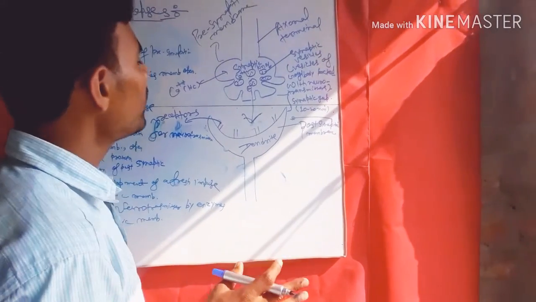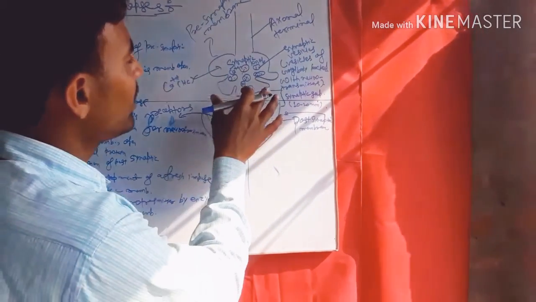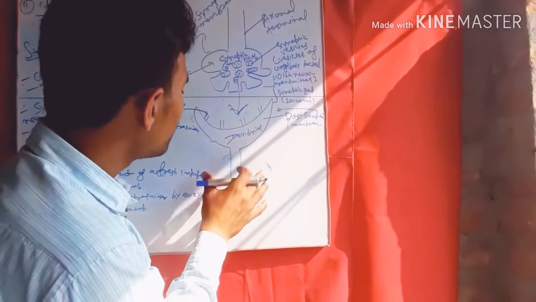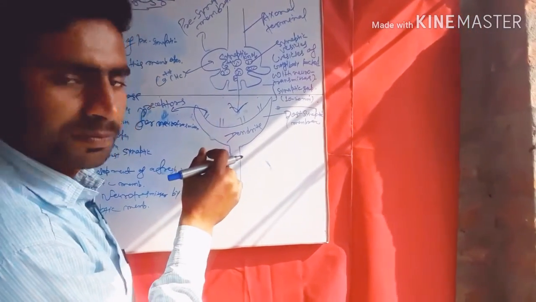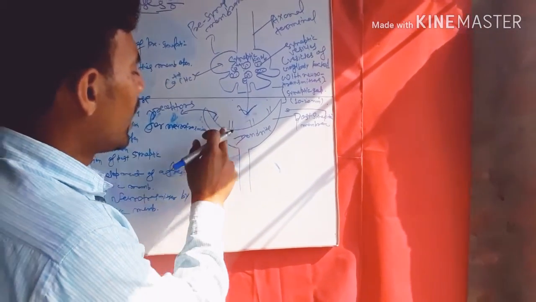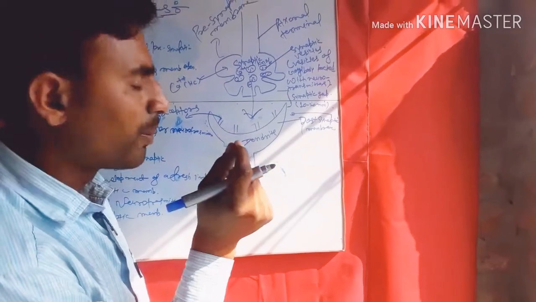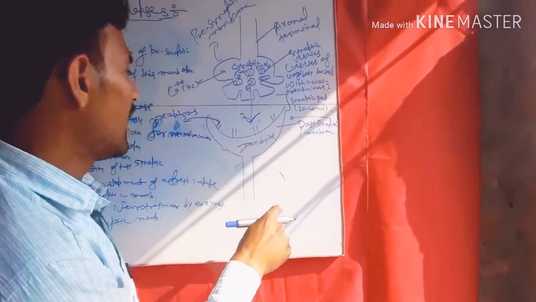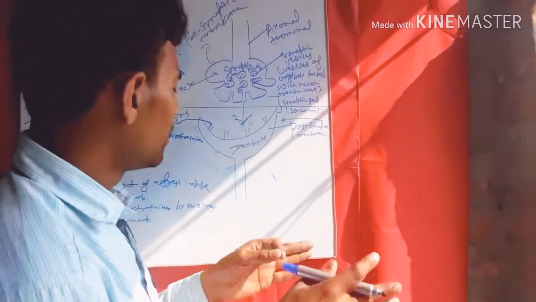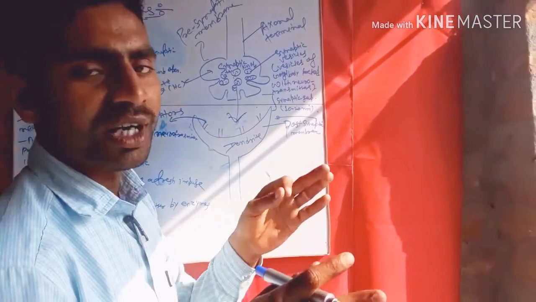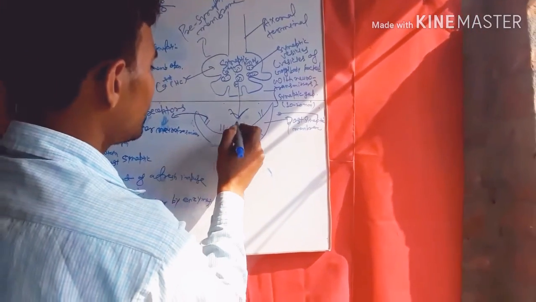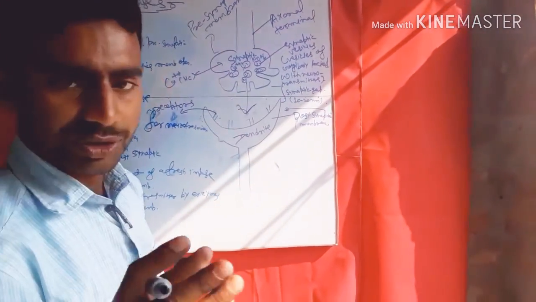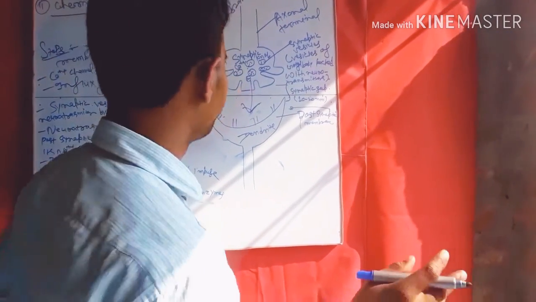Okay, so first I want to tell you that this is the presynaptic membrane and this is the postsynaptic membrane. On the postsynaptic membrane, this means on the dendrites, a receptor is present for the neurotransmitter. This is the receptor for the neurotransmitter.